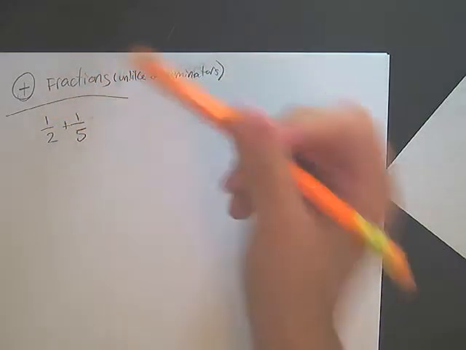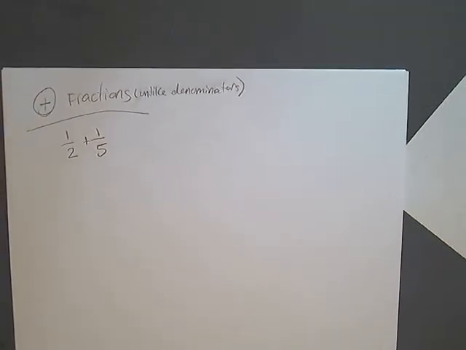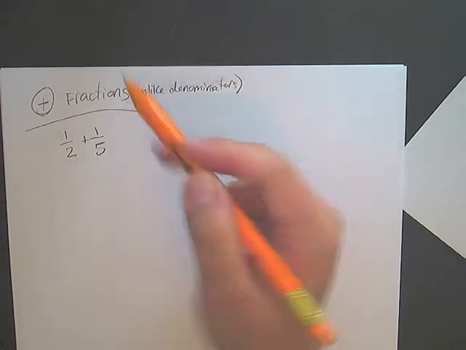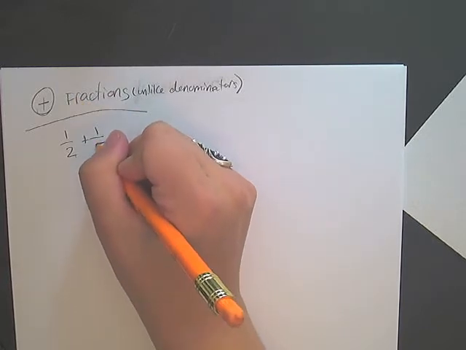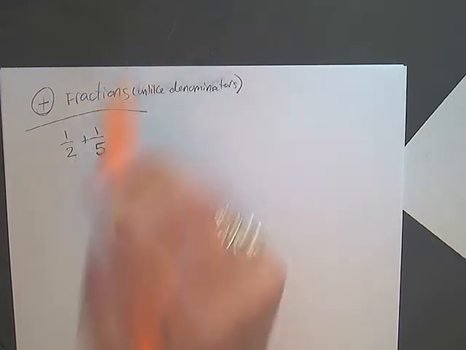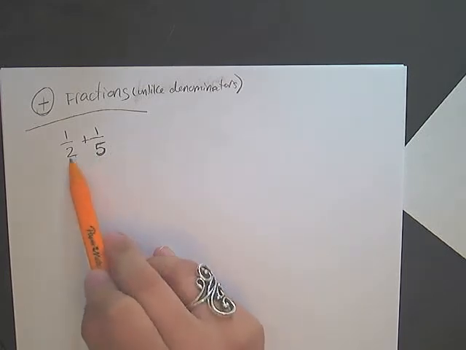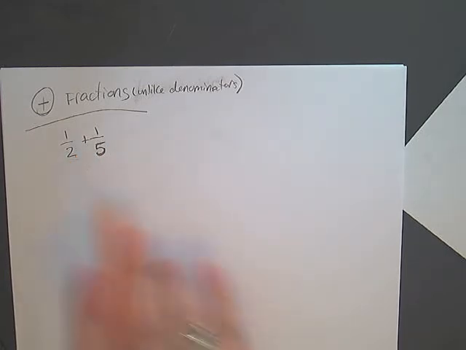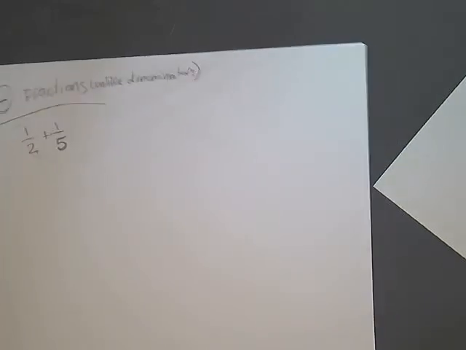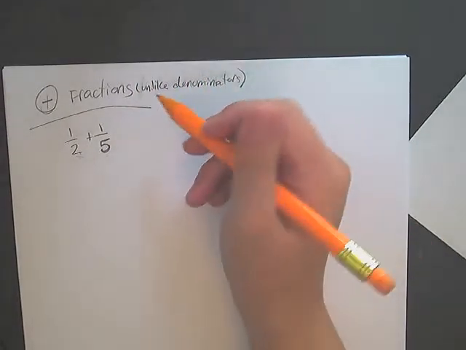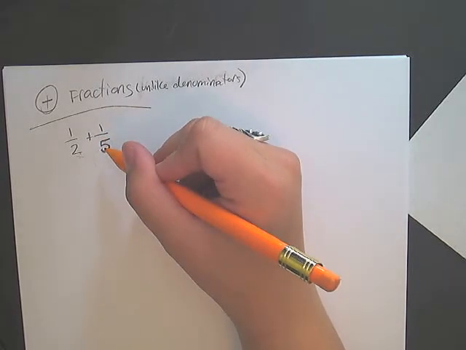Sometimes you'll have an instance where one of your fractions can go into the other fraction, so you only need to multiply one. This is not the case. We can't put 2 into 5, and we definitely can't put 5 into 2. So we have to think, what's going to be my least common denominator? I always like to list it because that way you can't get it wrong.